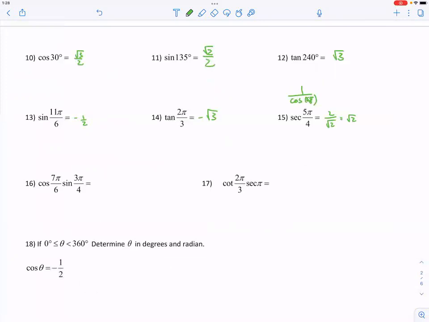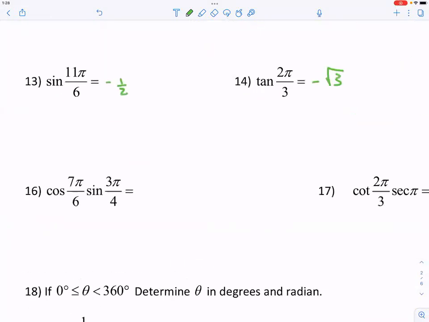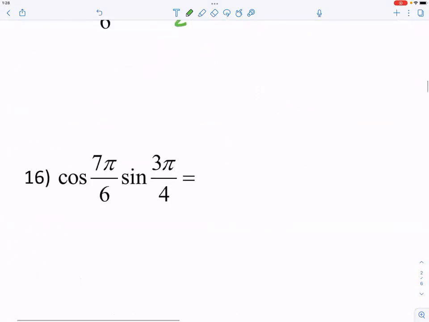Now for questions 16 and 17, I demand that you use a pair of parentheses for each thing. Now we have two trig functions multiplying together. So to really help you live a better life, use parentheses. Then you just put each individual ratio into these parentheses.